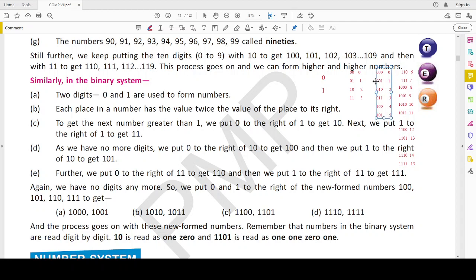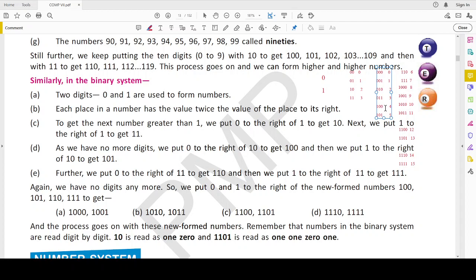So you can ask me why you would write 0 0 0 1 for 1 when you can only write 1 for 1, or only 2 bits are sufficient, 0 1 for 1. Because you need to represent bigger numbers.